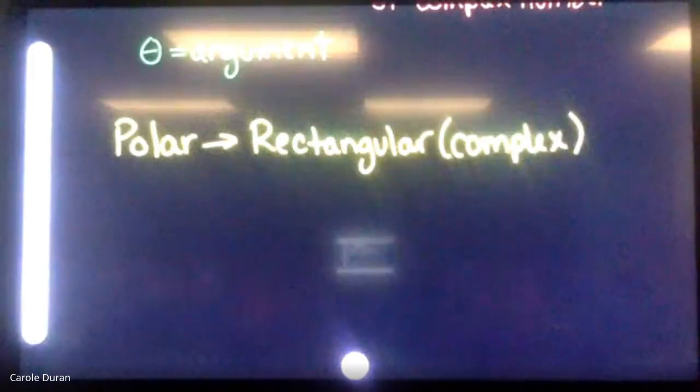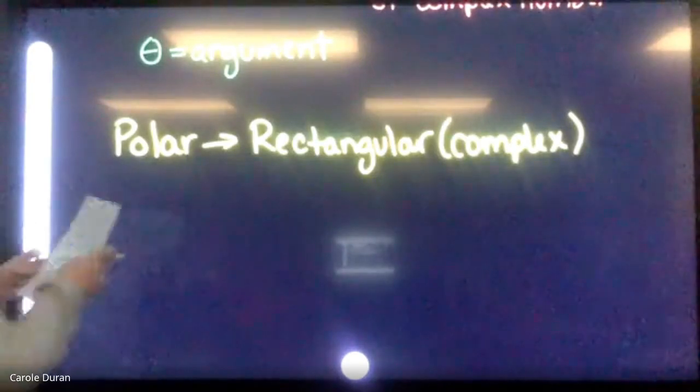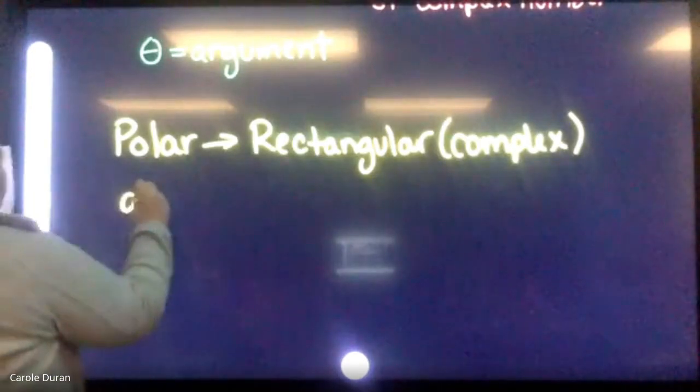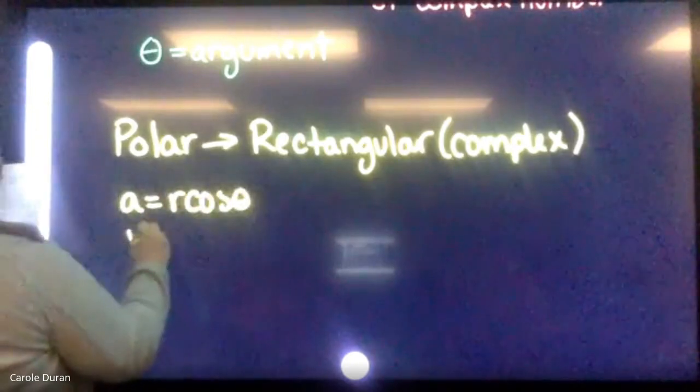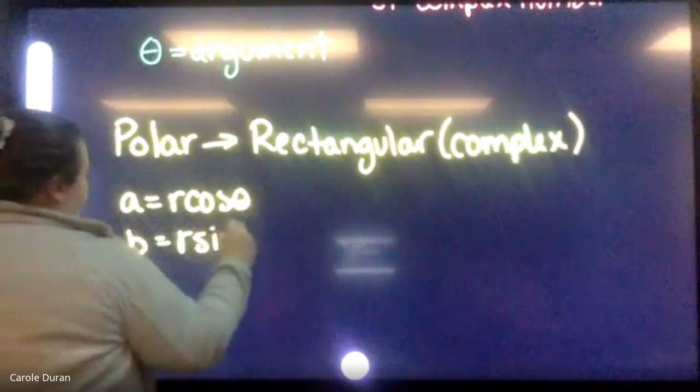So now when I say rectangular, I want the complex number, because I know that every rectangular can be rewritten as a complex, and every complex can be rewritten as a rectangular. So when you're doing these conversions, a is equal to r cosine of theta. We've covered that before. b is equal to r sine of theta.